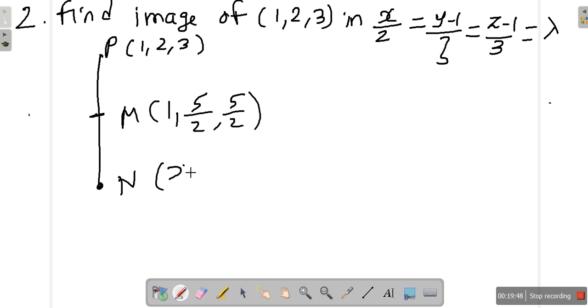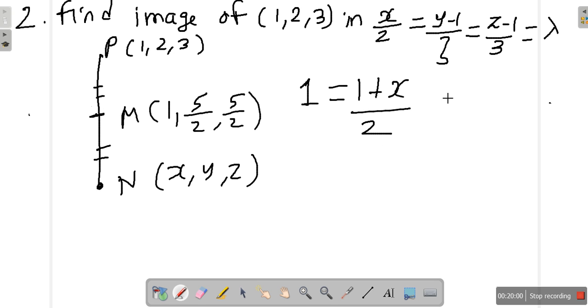I'll just take N as X, Y, Z, and these two are the same. So by the midpoint formula, 1 will be 1 plus X upon 2. That gives me X as 1.